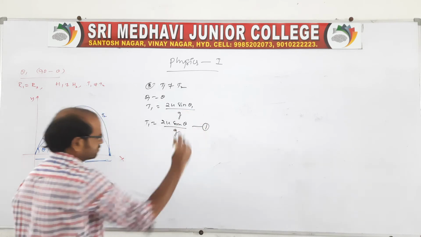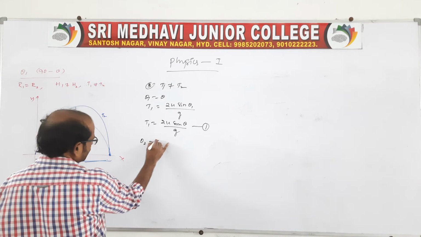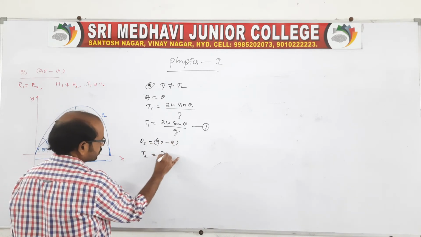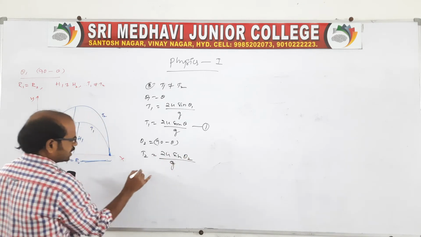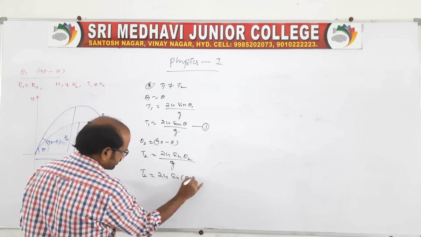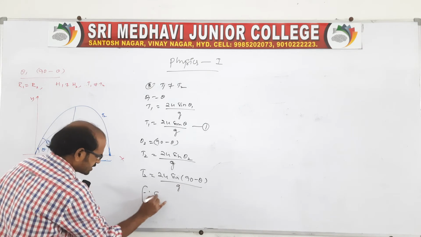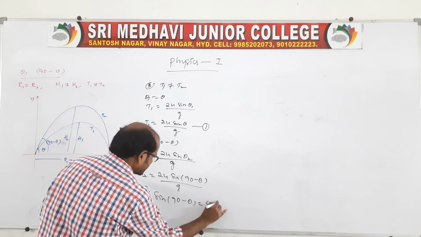This is expression 1. And coming to theta 2 is equal to 90 minus theta, then T2 is equal to 2u sin of 90 minus theta by g. Then there is a trigonometry identity. Just now I told you, 90 minus theta gives cos theta.